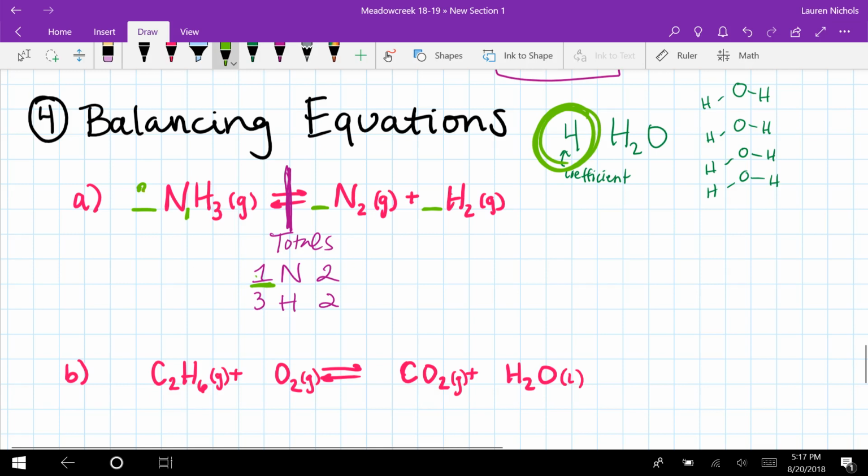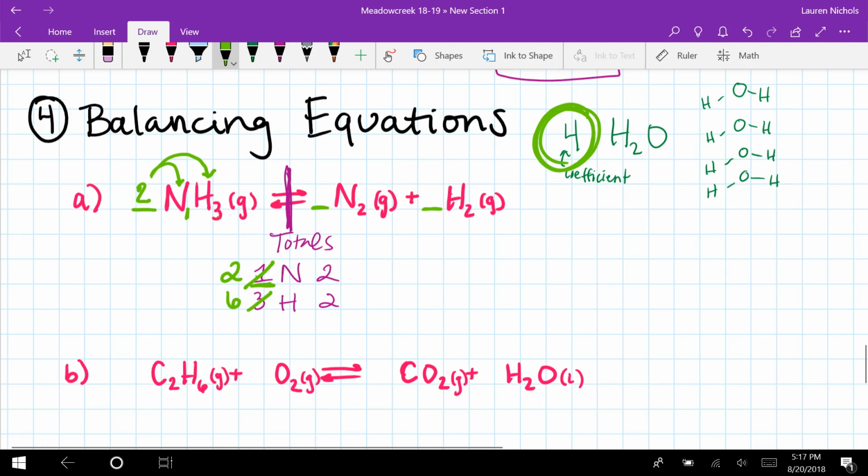Well, if I put a 2 here, 2 times my 1 nitrogen will change my total to 2, and that's great. But this nitrogen is bonded with hydrogen. They're together. And so that means what you do to one, you automatically do to the other. So this 2 must also be multiplied by my hydrogen. So 2 times 3 changes my total to 6.